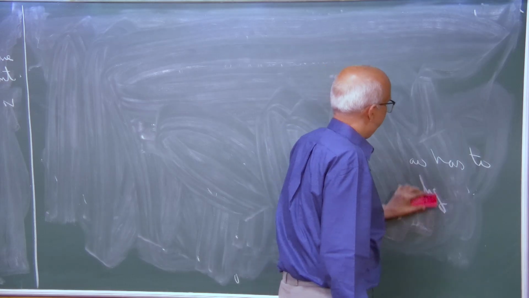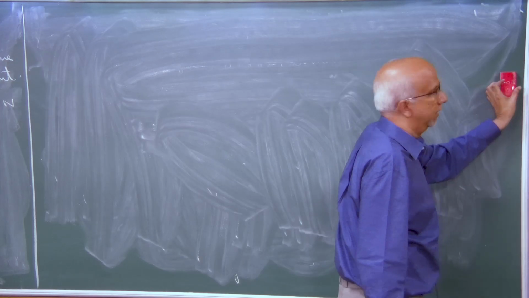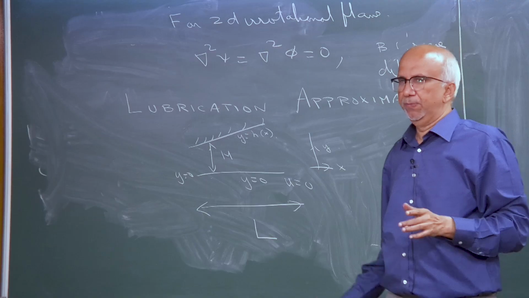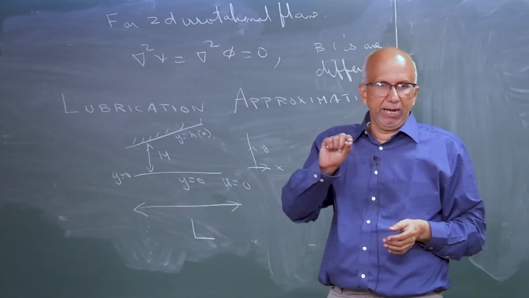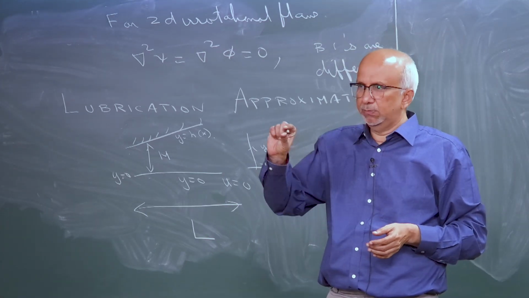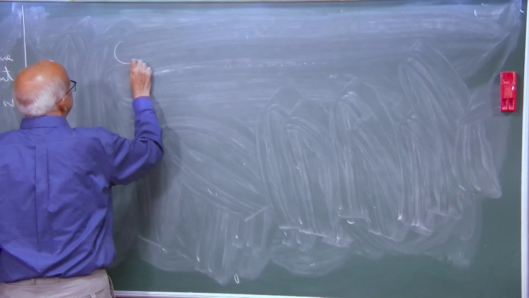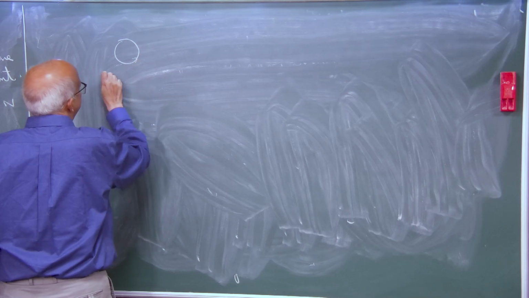So, where do these problems arise? Supposing you have a cylindrical shaft which is rotating in some housing. The gap between the shaft and the housing will change as it moves, because you have a cylinder which is moving around and, let us say, a flat plate.